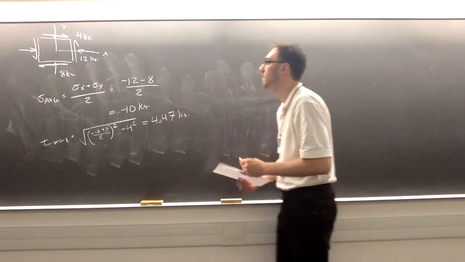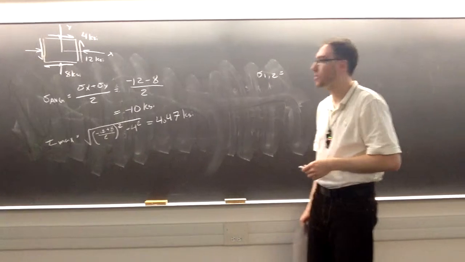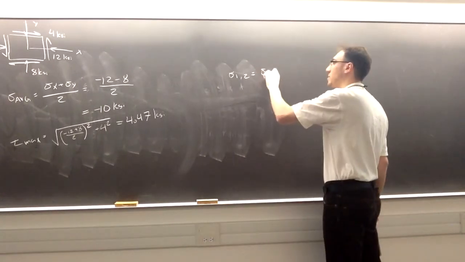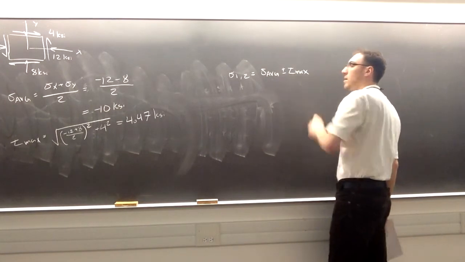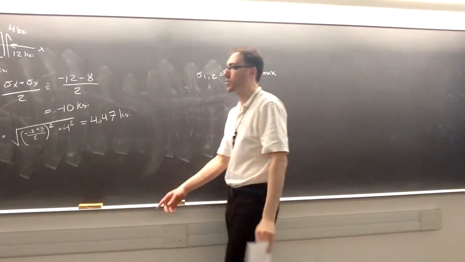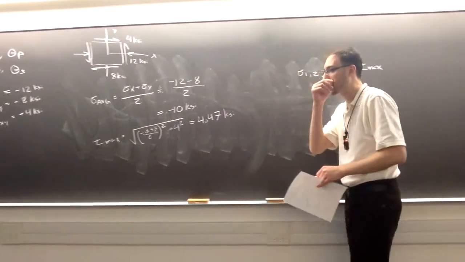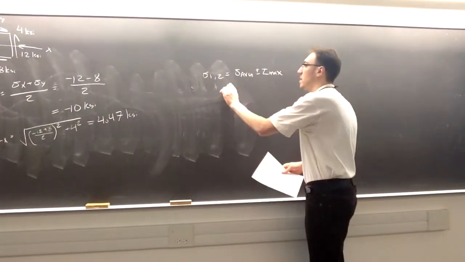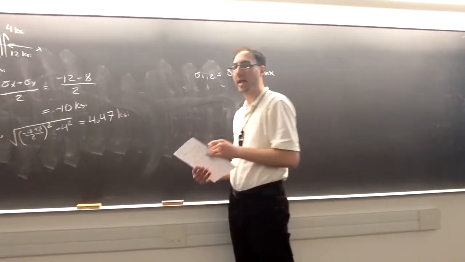Now that I have this information, I can easily find my principal stresses. Sigma 1, sigma 2 is just sigma average plus or minus tau max. Or as you have on the formula sheets, it's written out exactly what we did in these steps, but it's the same thing. So I need negative 10 plus or minus 4.47 KSI.